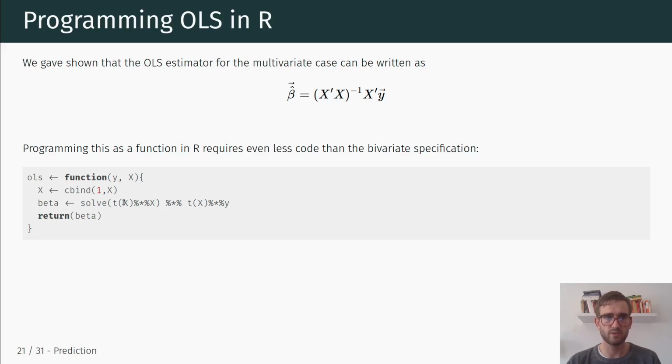So t(x) is the transpose of x, so X prime, matrix multiplied by x, and then solve takes the inverse of a matrix, so this is X prime X inverse, and then this is matrix multiplied by the transpose of x, so X prime, times our y vector. And then we can directly return this beta, and that's already it. That's all we need to run OLS in R by hand.